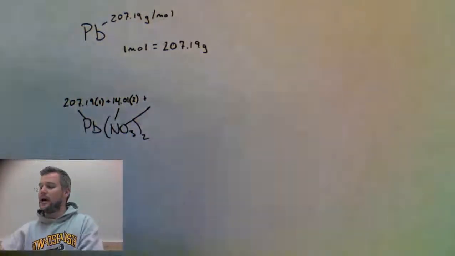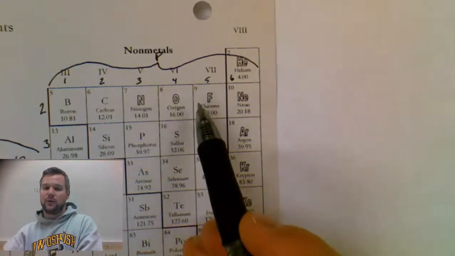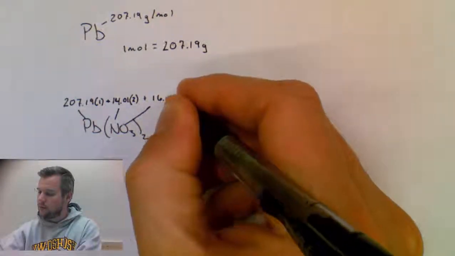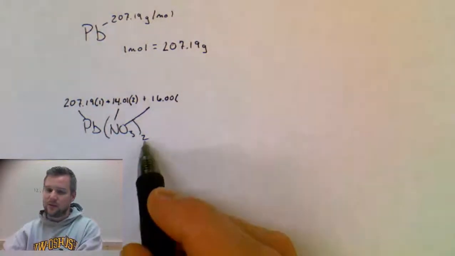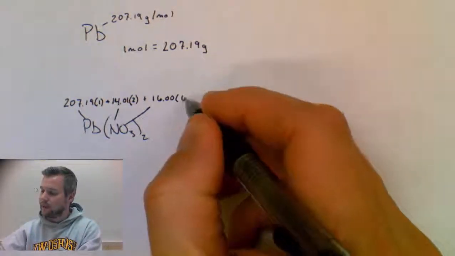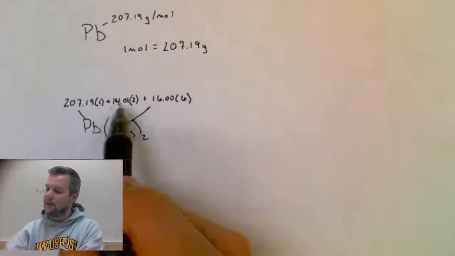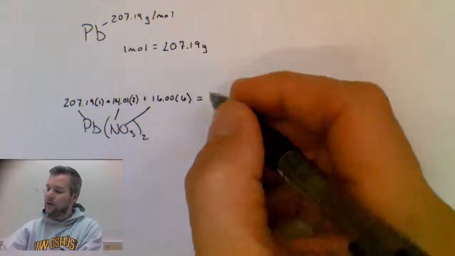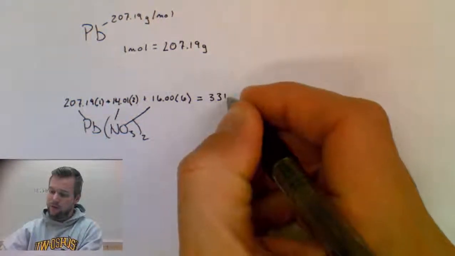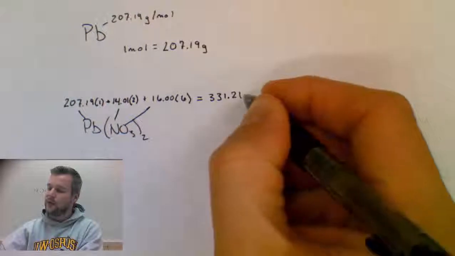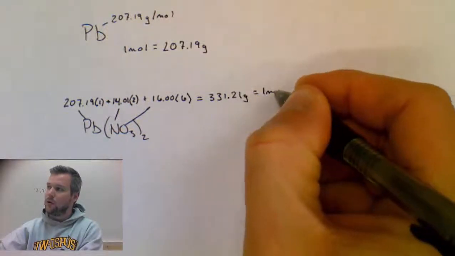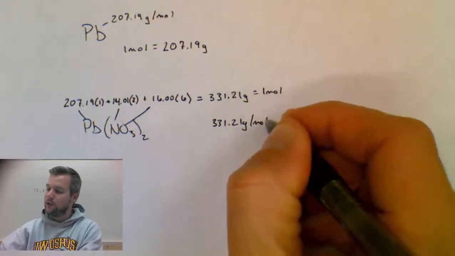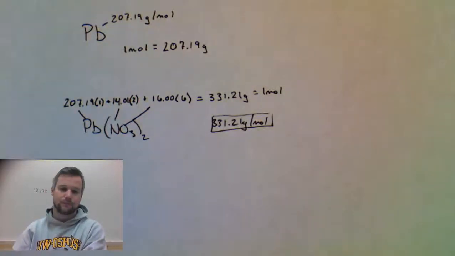And if you look on the periodic table, oxygen weighs 16.00 times, this time it's 2 times 3, which gives me 6. Now if I just do this math, add the three values together, my number will end up being 331.21, and this grams is equal to 1 mole, or 331.21 grams per mole if you don't write it with an equality.